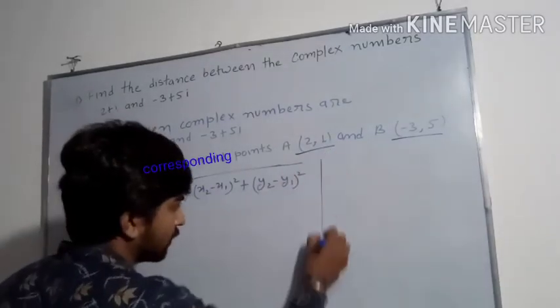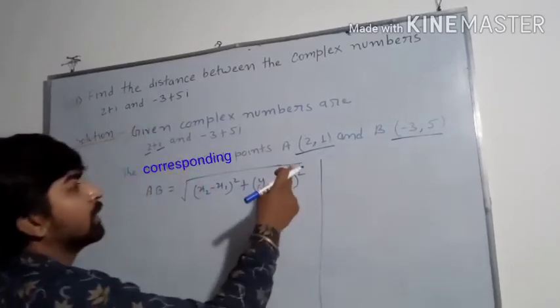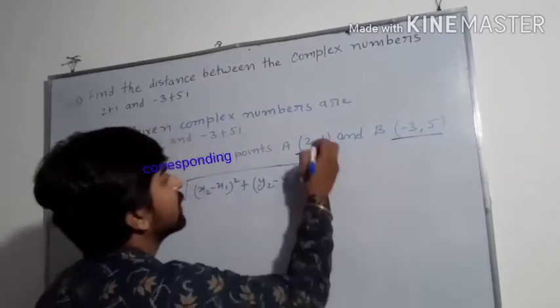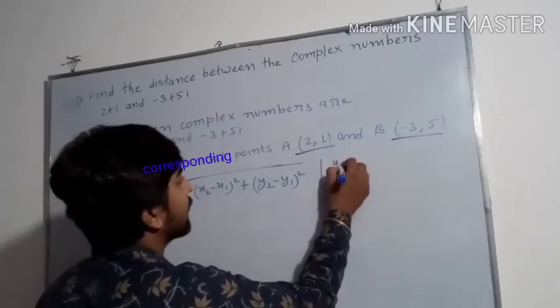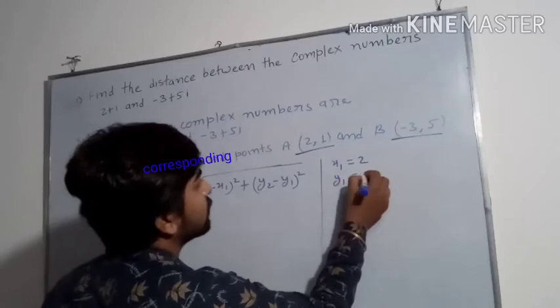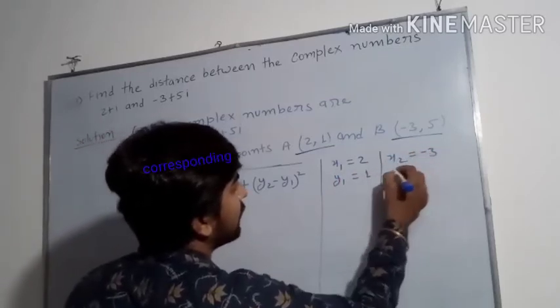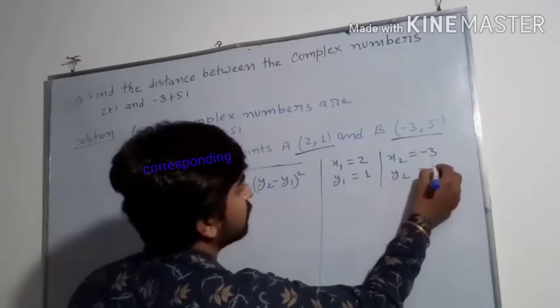Here 2 points are there, A (2, 1) and B (-3, 5). So let x1 equals 2, y1 equals 1, x2 equals minus 3 and y2 equals 5.